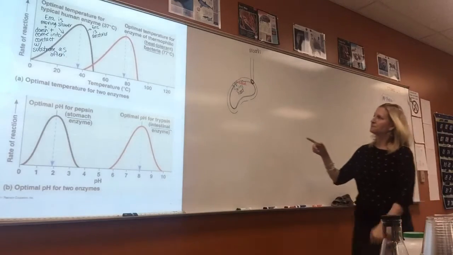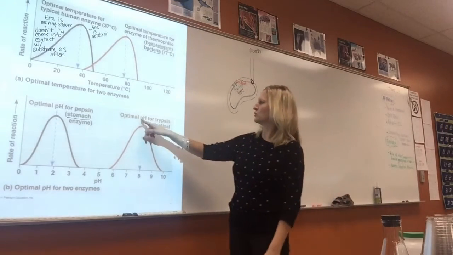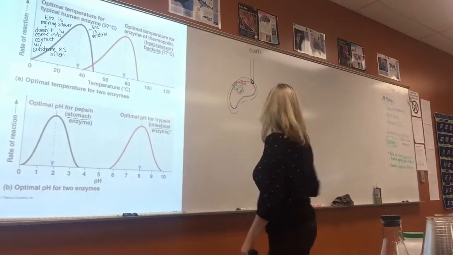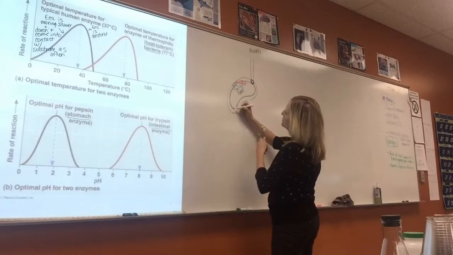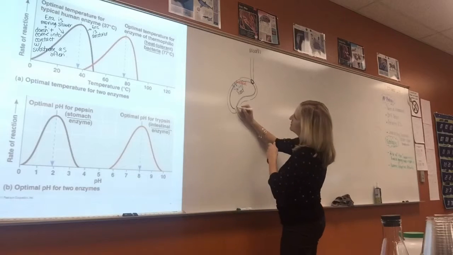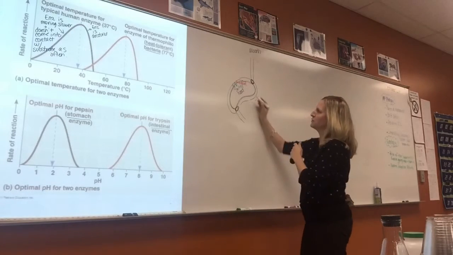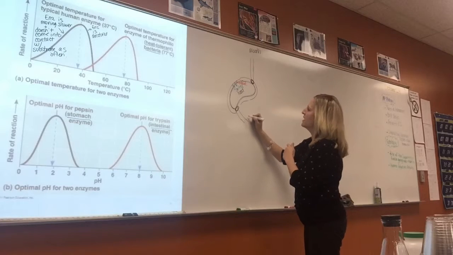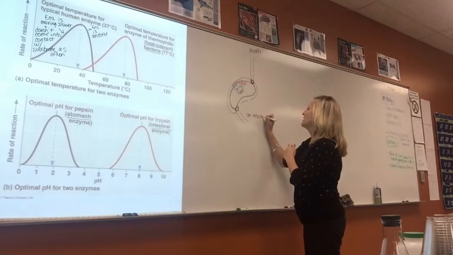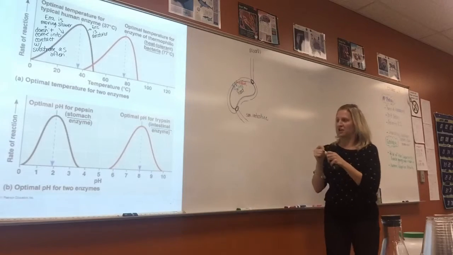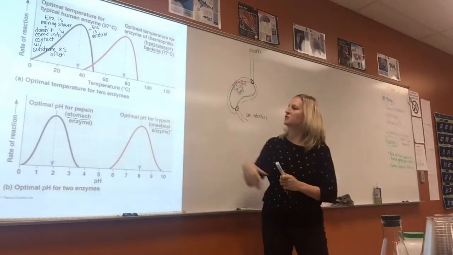So then, as we go to the small intestine, this is where your food goes next. There's a little muscle here that allows the food to leave your stomach and enter into your small intestine. And this is where further digestion happens. So there are other enzymes like trypsin.